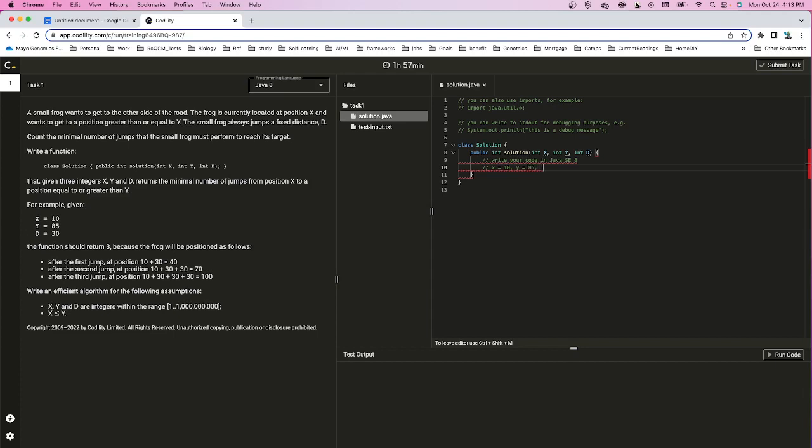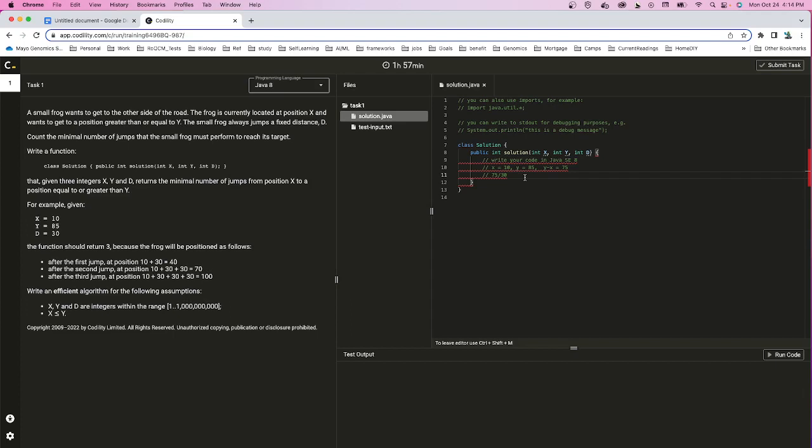Then the distance between X and Y would be Y minus X, equal to 75. And then we want to divide 75 by 30, which is the distance that the frog can jump each time.